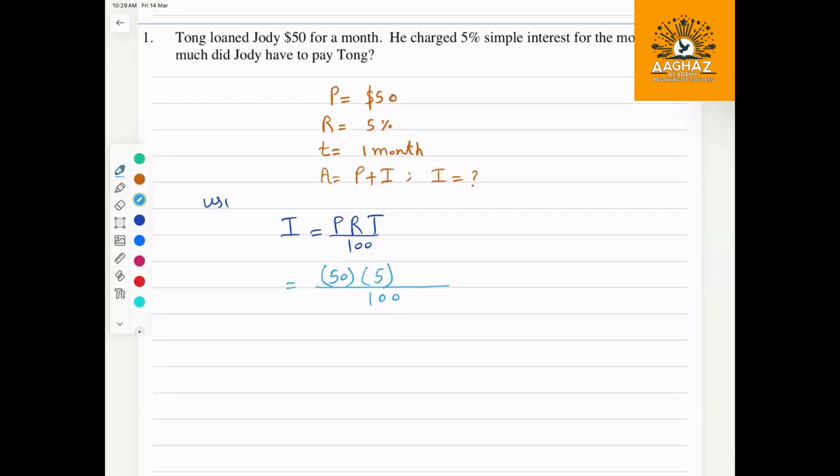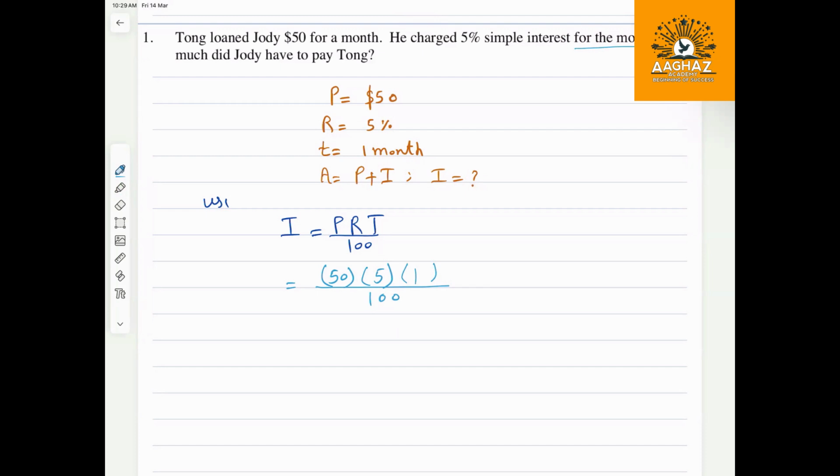Remember that for time, the rate is given as 5% simple interest for the month. I mean the rate is given monthly, so I will take time also in the form of months. Remember that if my rate is yearly, then time should also be yearly.